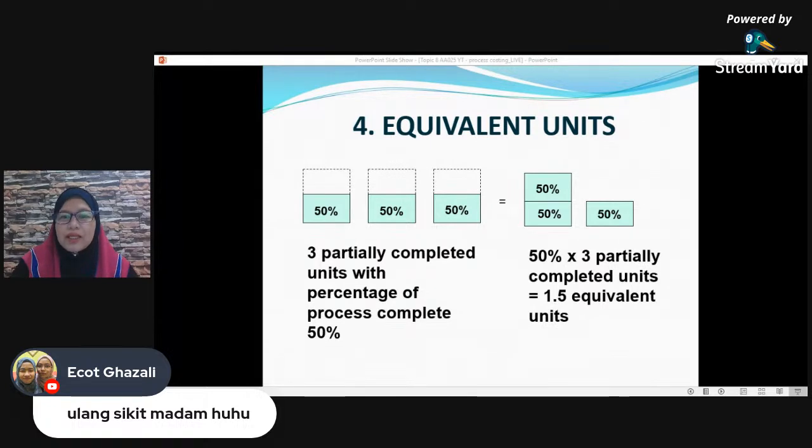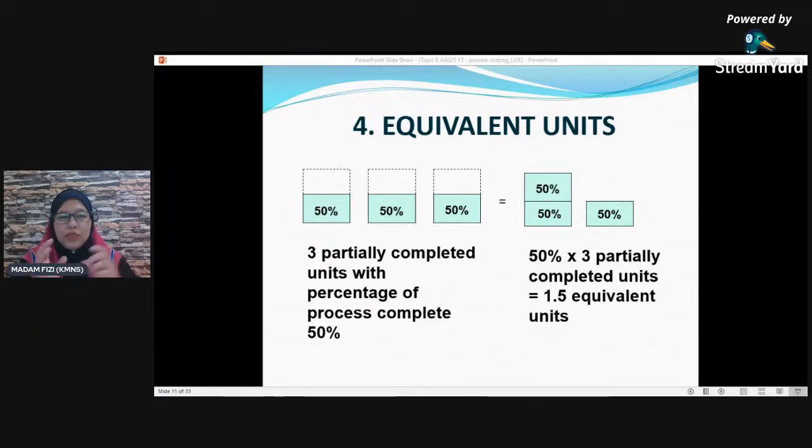Okay, saya akan ulang. Equivalent unit ni adalah unit setara. Awak imagine, dalam contoh ni saya bagi 3 produk, belum siap lagi, baru separa siap. Separa siap tu maybe 50%, 40% ke 70% based on the question. Dekat sini saya buat 50% separa siap. Untuk 3 produk ni, saya combinekan sebab saya nak kira kos.